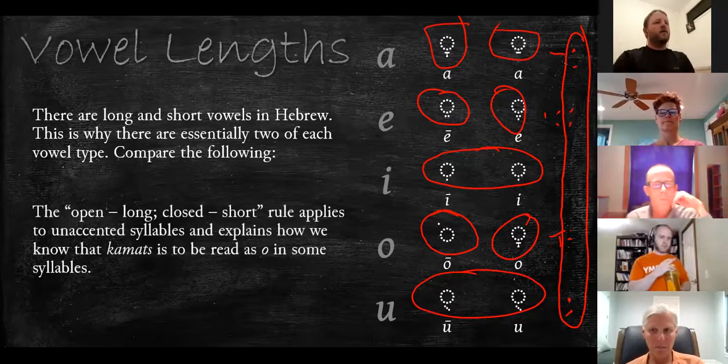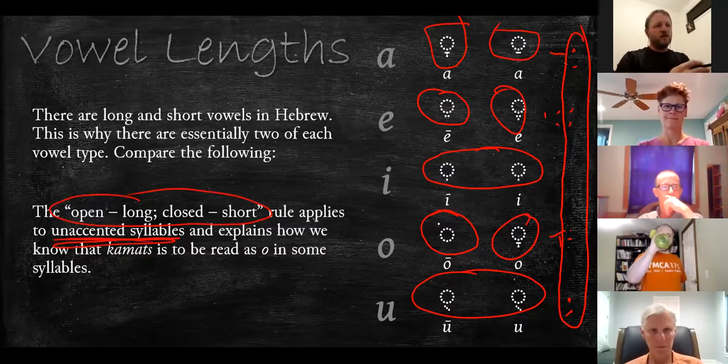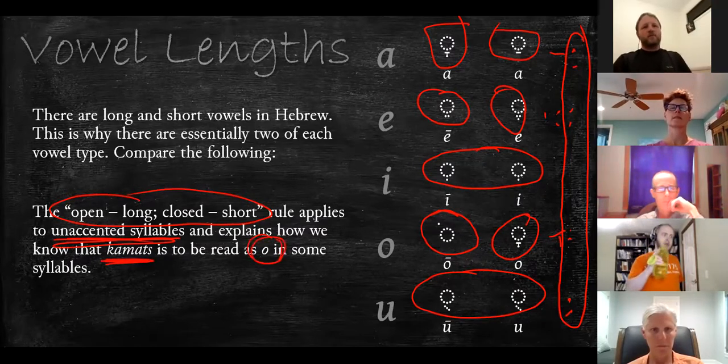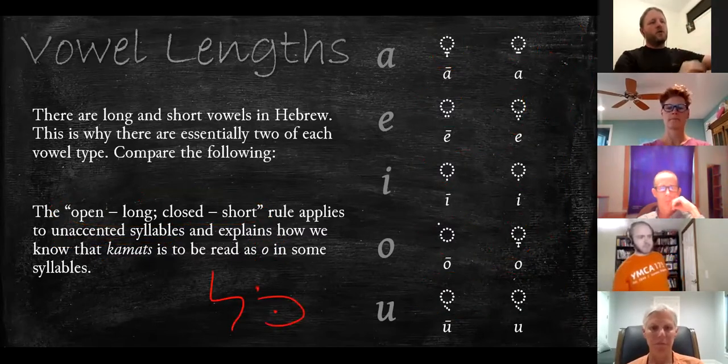Okay. The open, long, closed, short rule applies to unaccented syllables, as we've said. It explains how we know that kamatz is to be read as O in some syllables. How do we know this? Like the word kol. When it's not joined to the next word, it is written with cholam because it has an accent.